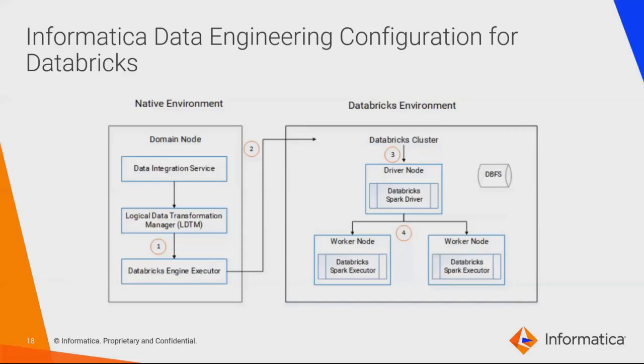As soon as we are on the Databricks cluster, it will pass the request to the Databricks Spark driver on the driver node, and that will then distribute the job on one or more Spark executors, which will be running on the worker nodes. That is pretty much how a mapping gets translated from a normal Informatica mapping into a Spark job running on all of the nodes in the Databricks cluster.